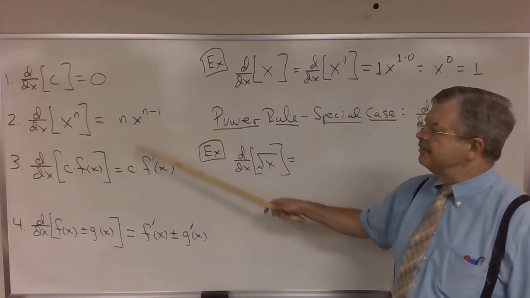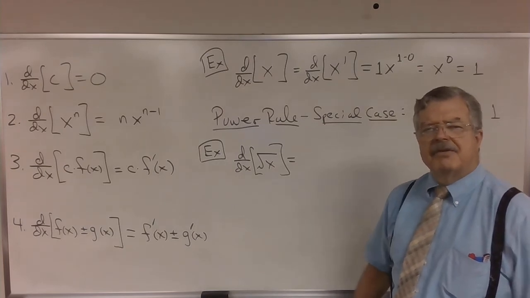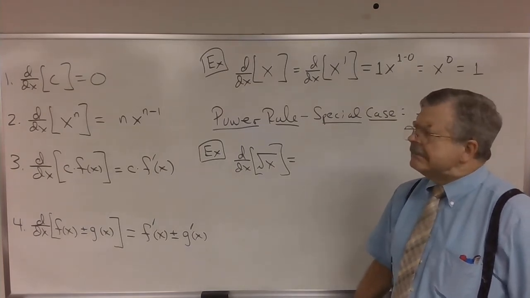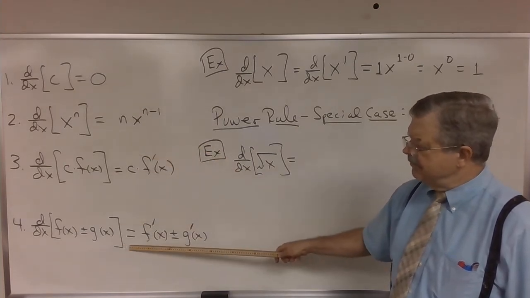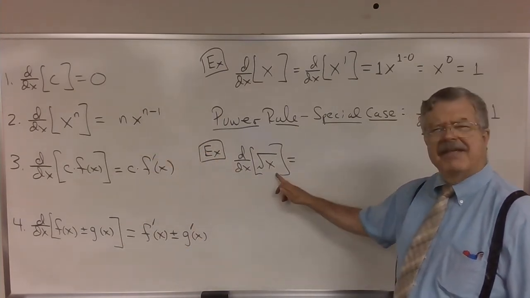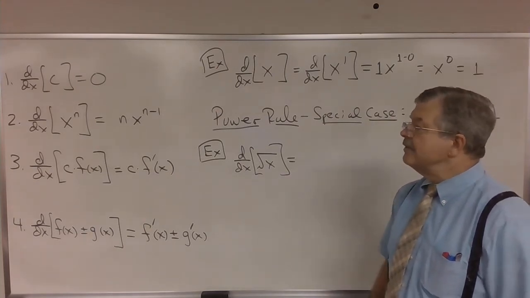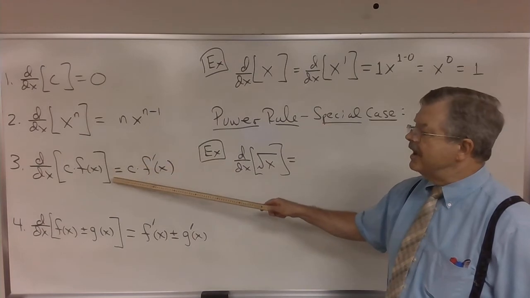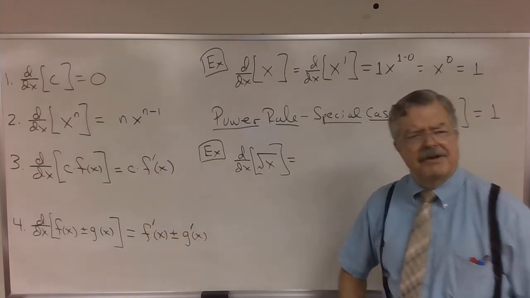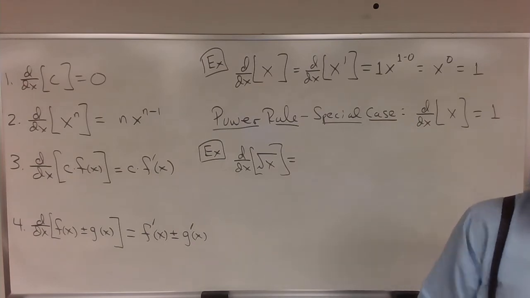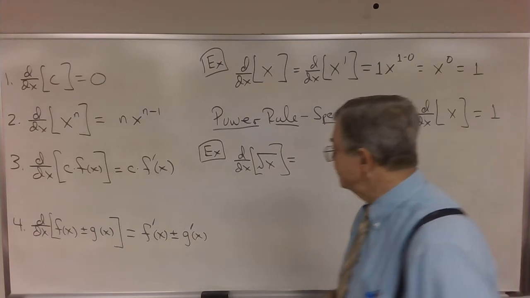And we look at them and we say, well, I don't really see anything over here that looks like that. So I guess in order to use one of these properties, we're going to have to rewrite this in a different form. What's another way of writing the square root of x?